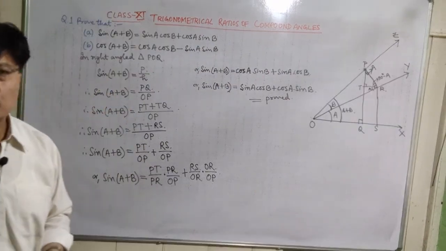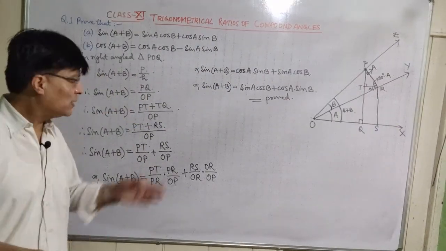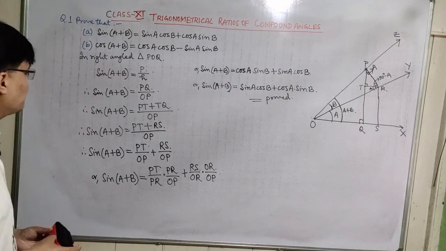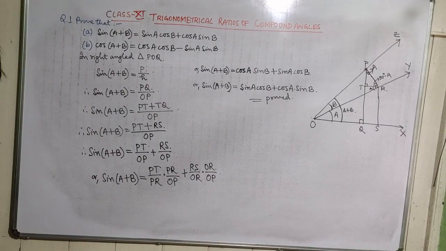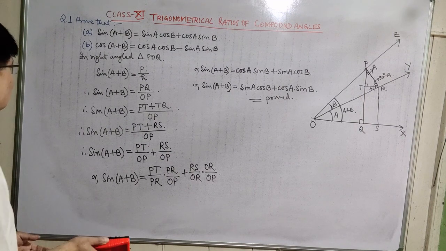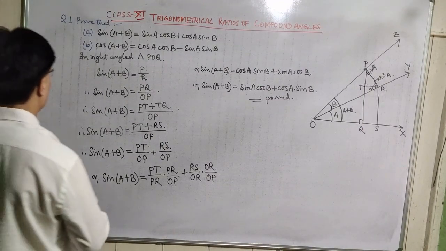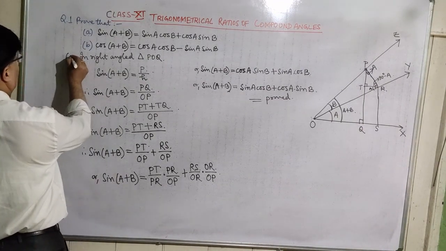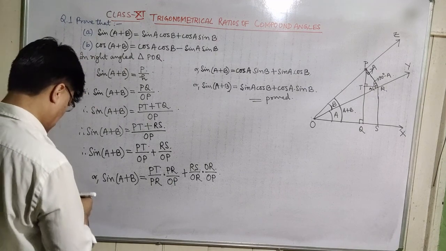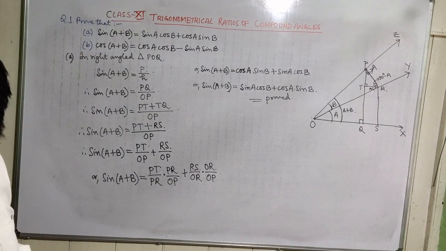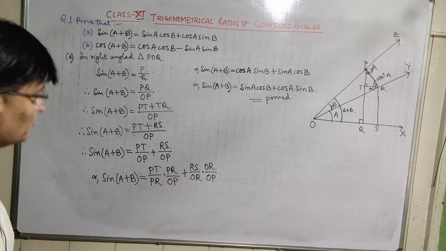Now we have to write cos of A plus B. So before that, copy it. This is part A, which is proved. Now we will prove part B.